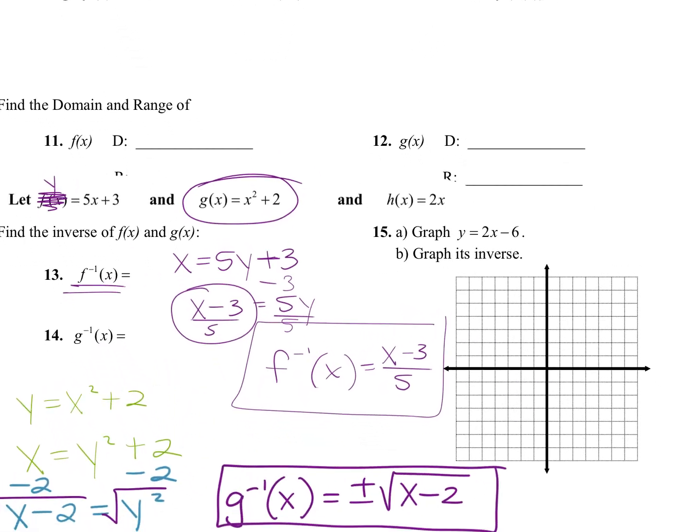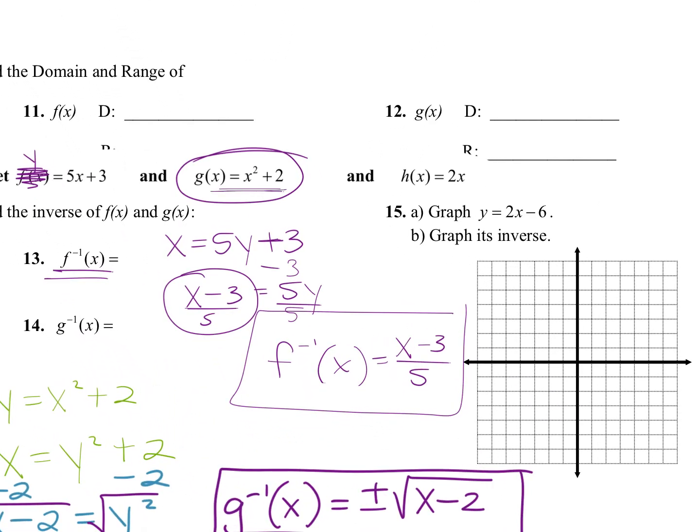Look at number 12. What's the domain for this function? Who said that? All real numbers, right? You can plug in any value for x, negative 70 million or 2.5, right? So the domain is all real numbers. What's the range? What does this look like as a graph? X squared plus 2. It's a parabola.